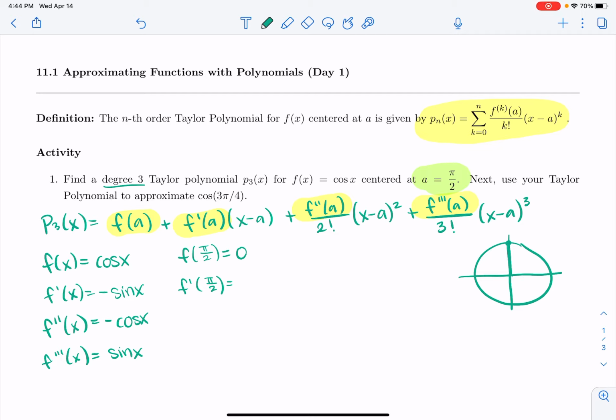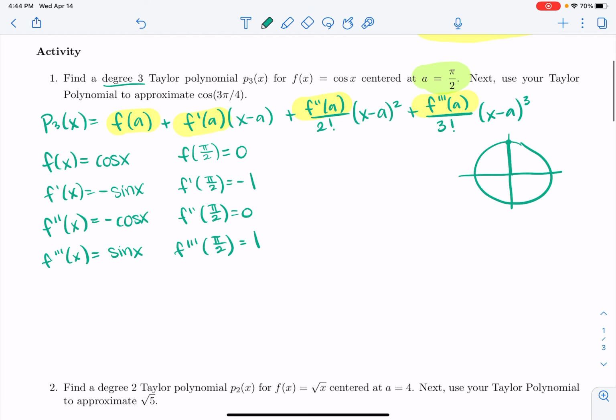Sine of pi over 2 is 1. With the negative sign, we get negative 1. And then f double prime of pi over 2 is 0 again. And f triple prime of pi over 2 is sine of pi over 2, which is 1. So you can see the f of a term and the f double prime of a term are both going to 0, but we'll be left with those other two.